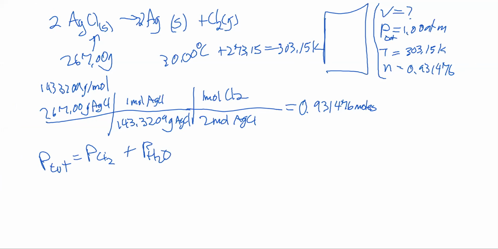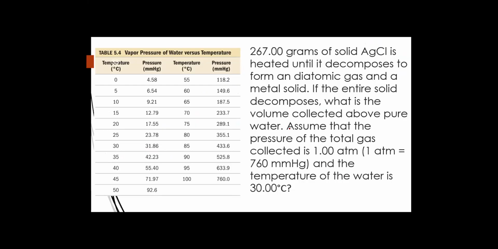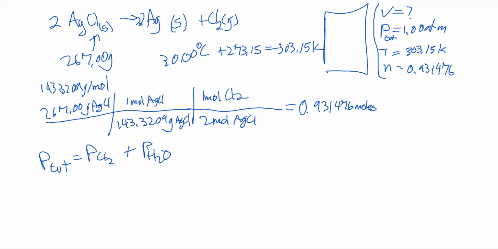So what that means is if we go back to our equation sheet here, at 30 degrees Celsius, our partial pressure should be 31.86 millimeters of mercury. So if we go back to our total pressure here, we know that 31.86 of those millimeters of mercury should be our pressure of our water.